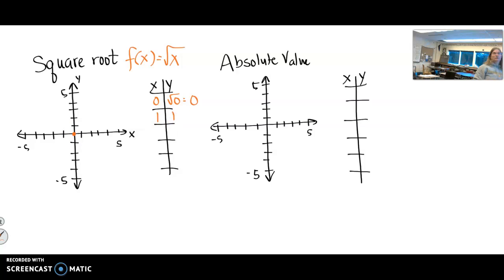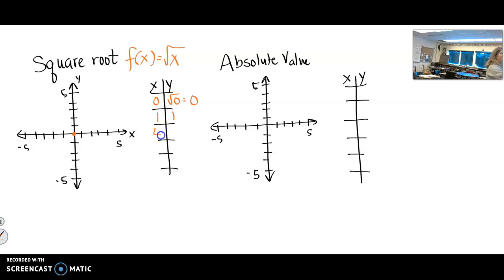The square root of 2 is an irrational number. It goes on forever, never ends, never repeats. You could grab a calculator and approximate what it is. But let's go with numbers that are easy to take the square root of, in other words, numbers that are perfect squares.